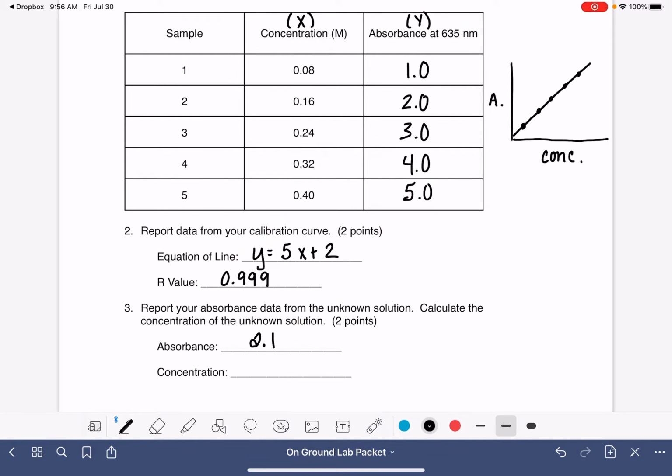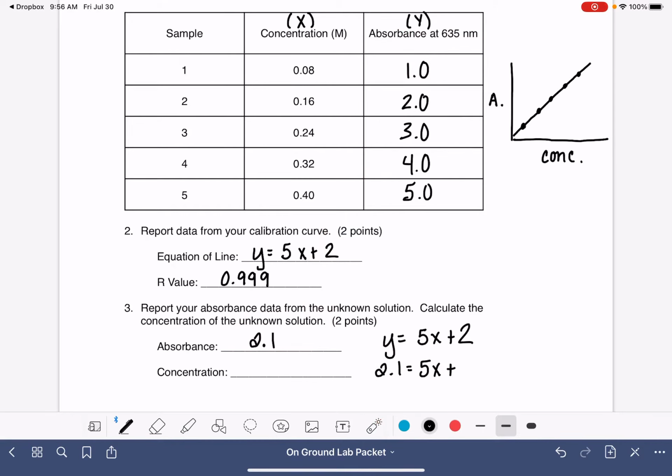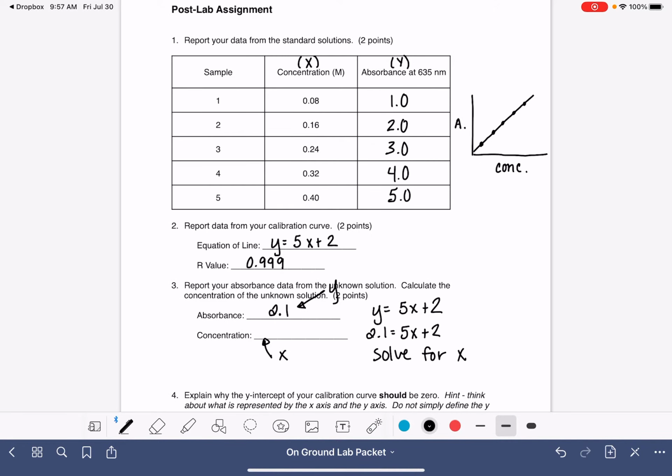So if this was your data, you would use your equation, y equals 5x plus 2, and plug your absorbance in as y. So 2.1 equals 5x plus 2, and then you would just solve for x, and x is representing the concentration. That part is pretty straightforward.